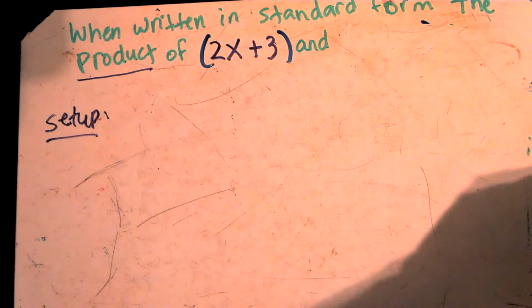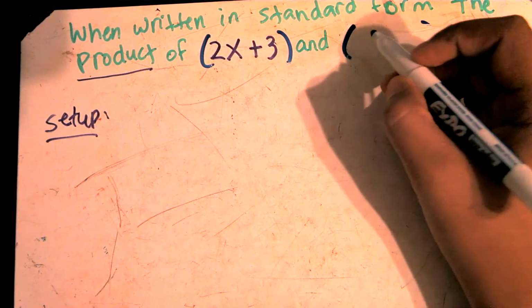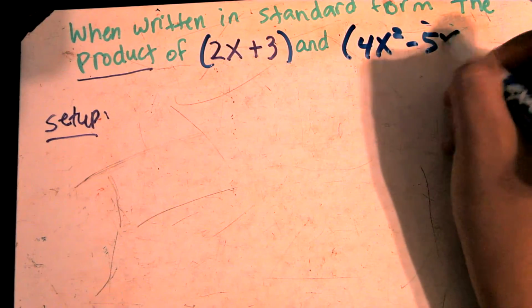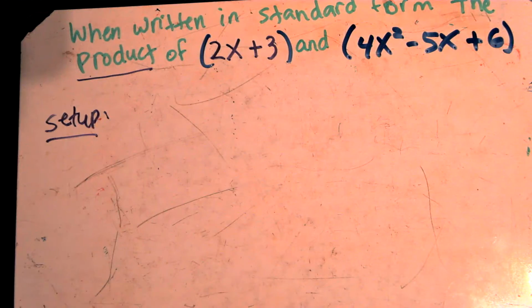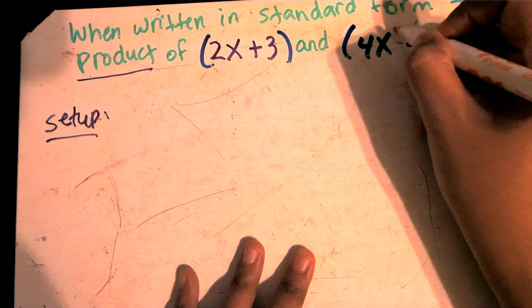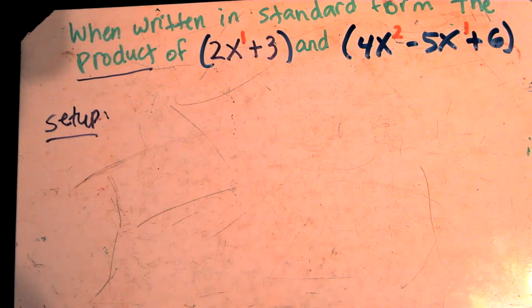And now we are going to multiply a trinomial, 4x squared minus 5x plus 6, to the binomial here. That's a square, by the way, a 2. Let's make that a little bit clearer. There. And then I'm going to put the invisible 1 there. Okay.